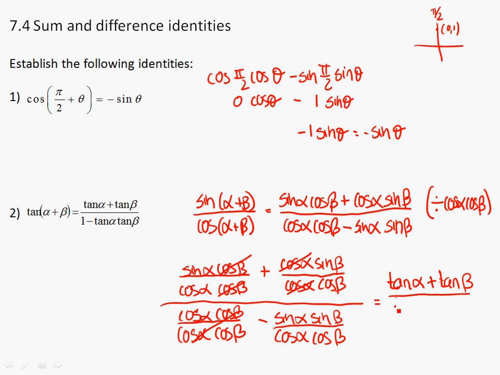So that's 1 minus, and what do you get here? Sine alpha over cosine alpha is tangent of alpha, and then the sine beta divided by the cosine beta is the tangent of beta. Yes? So that one works that way.